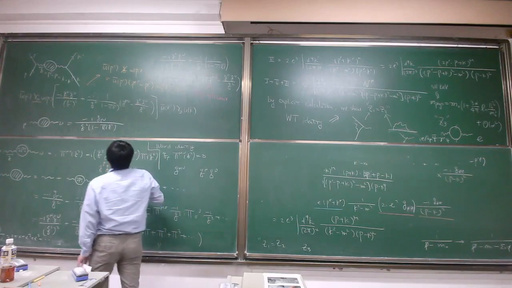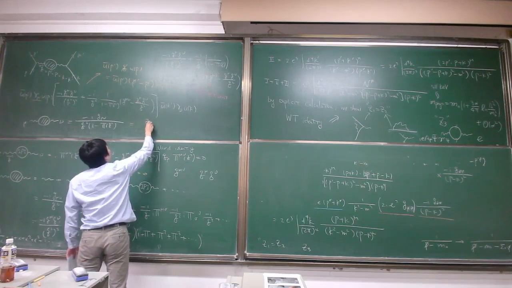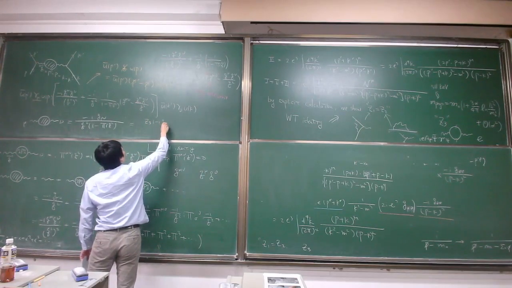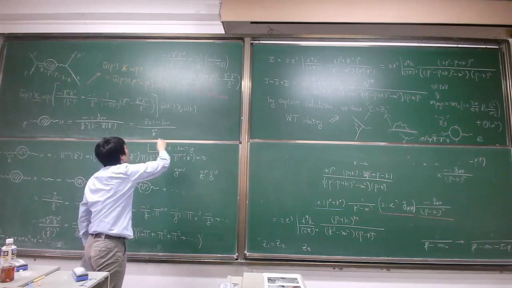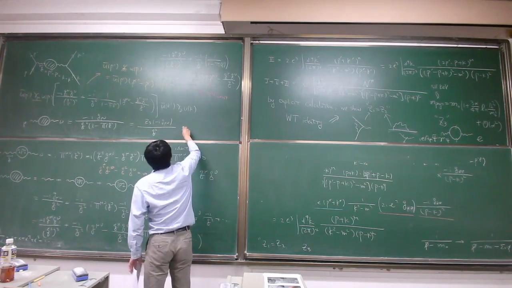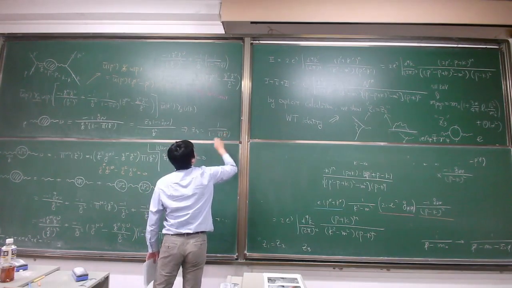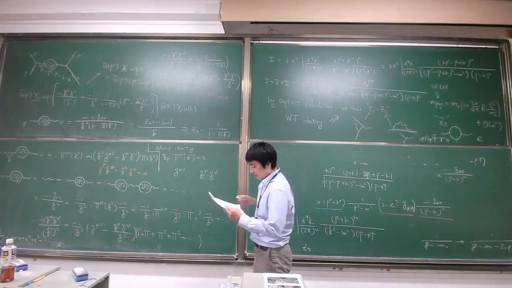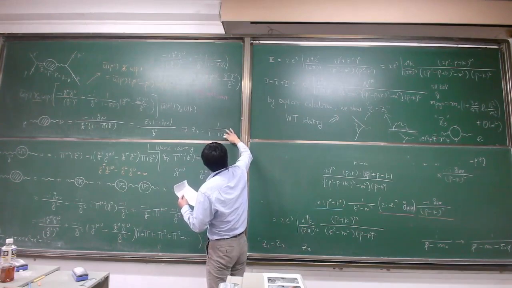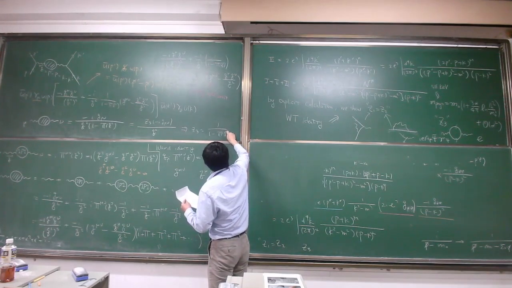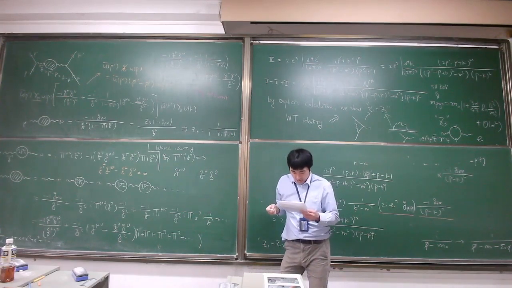So as I mentioned, this can be written as Z3 minus i G mu nu Q squared. So therefore, this means that Z3 is equal to 1 minus delta Q squared. When you say Z3, this should be put at Q squared equals 0.